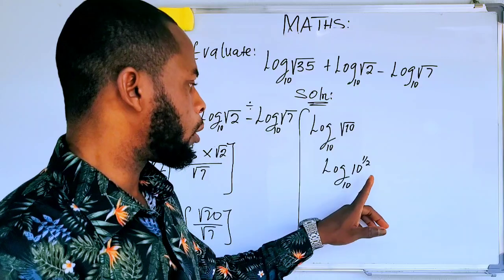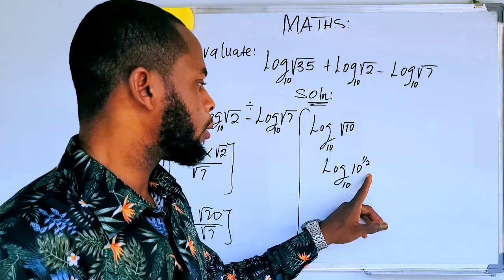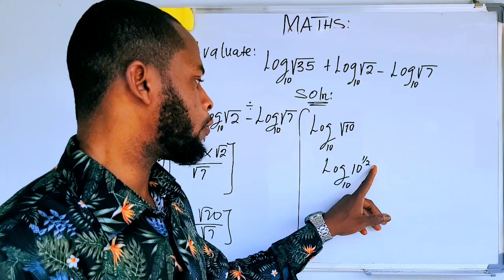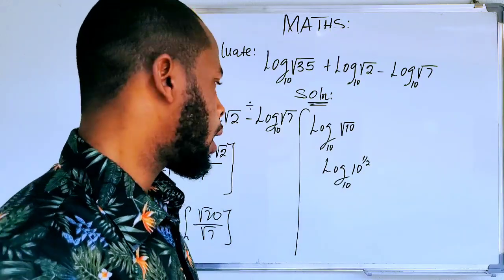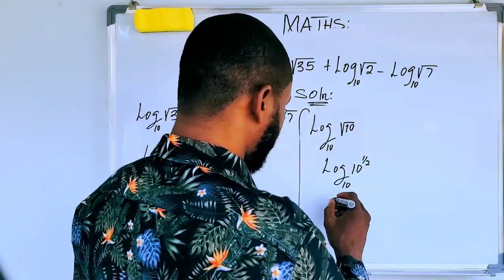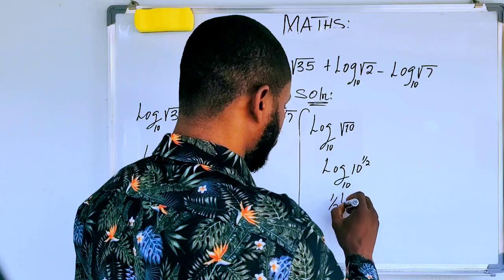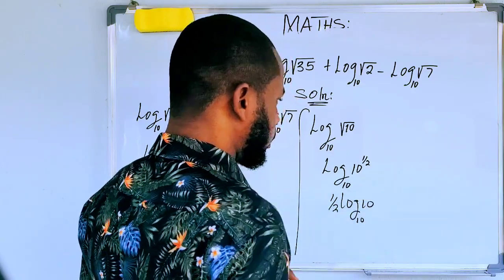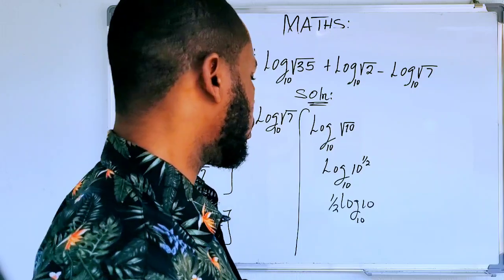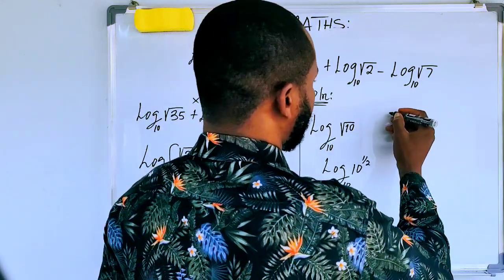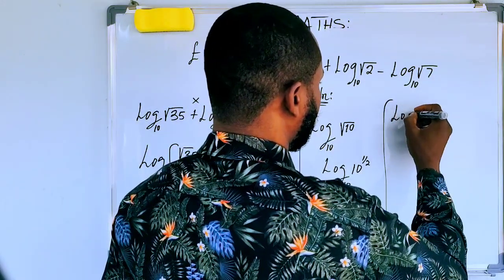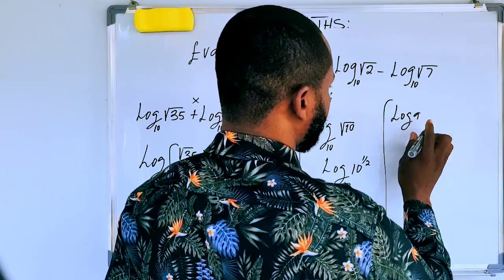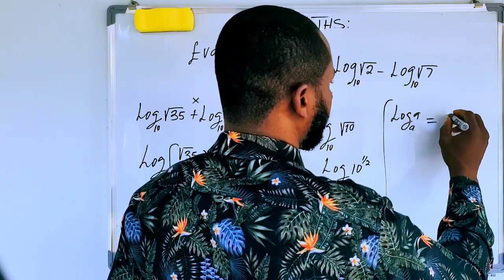Now, at this point, we are going to apply the power rule here. We bring the power, 1 over 2, to the front of the log, and the expression becomes 1 over 2 log 10 base 10. Recall that if you have log a to base a, this is equivalent to 1.